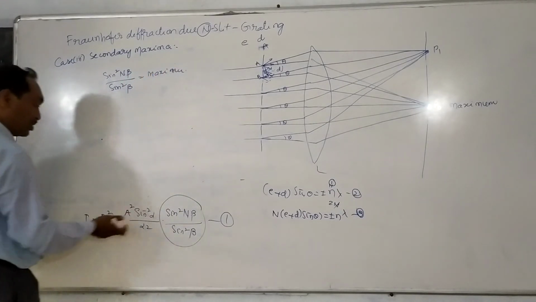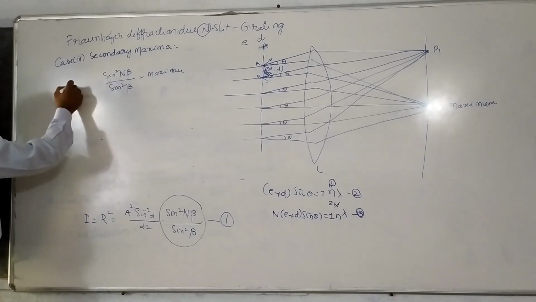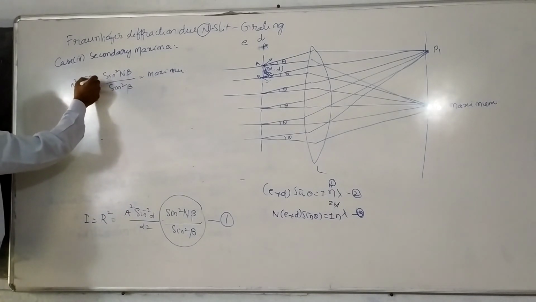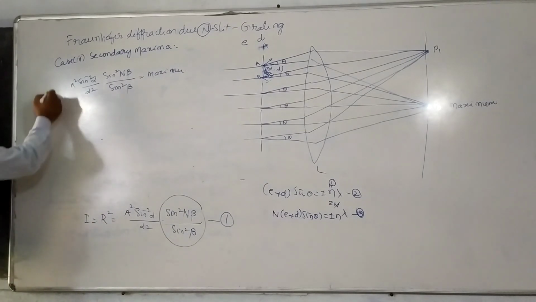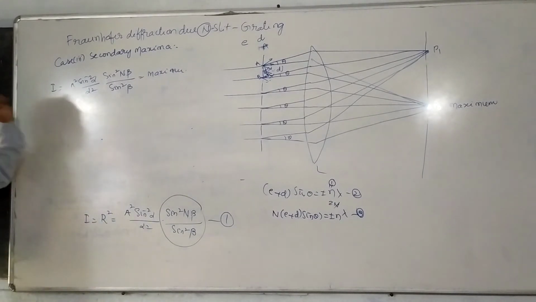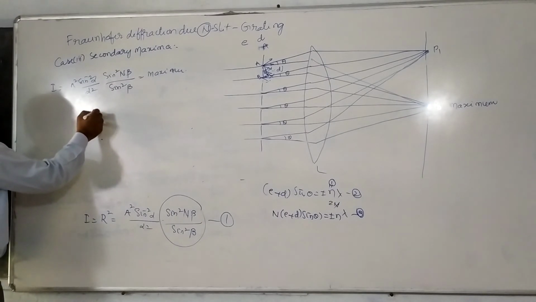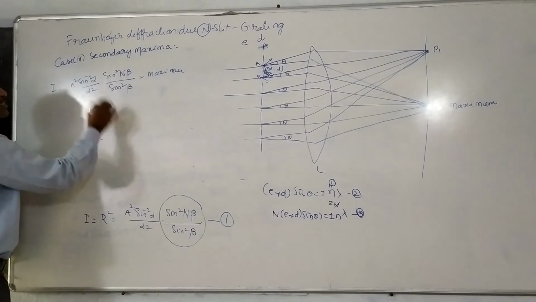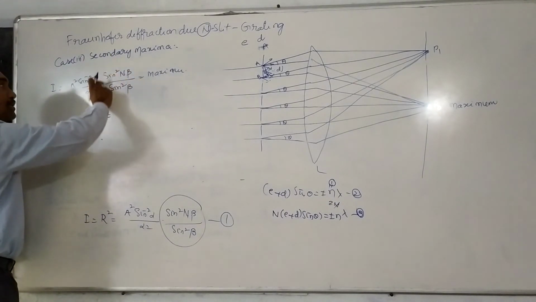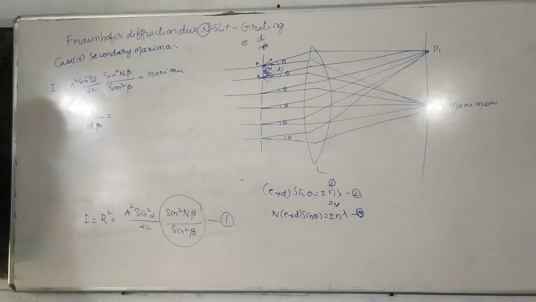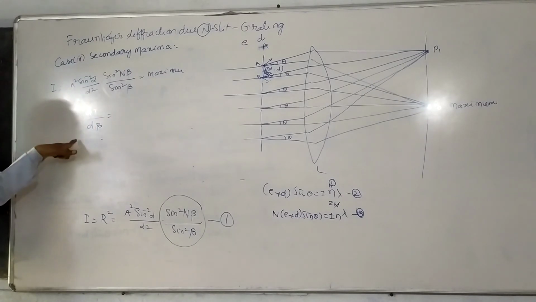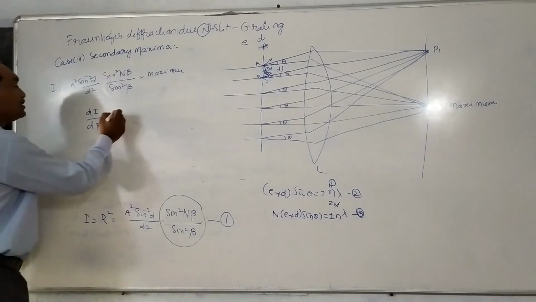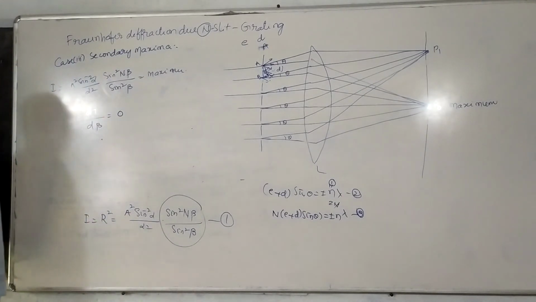Of course, we have taken this one also, that is a square into sin square alpha by alpha square, is equal to maximum. This is of course I. Intensity is maximum is nothing but dI by d beta is equal to how much? Because we are talking about the second term. Intensity is maximum means the differentiation of intensity is 0.